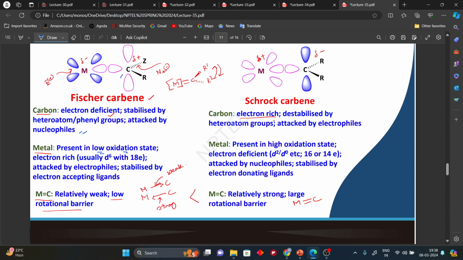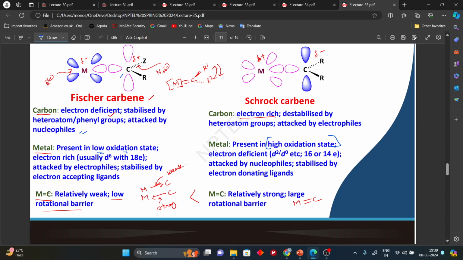For this kind of soft carbons, the metal is in high oxidation state, electron deficient, generally 16, 14 electron systems, and they are attacked by nucleophile. Electron donating ligands can stabilize them, but a 15 electron system is deficient. If your ligand has electrons that it can donate, it can stabilize that metal.